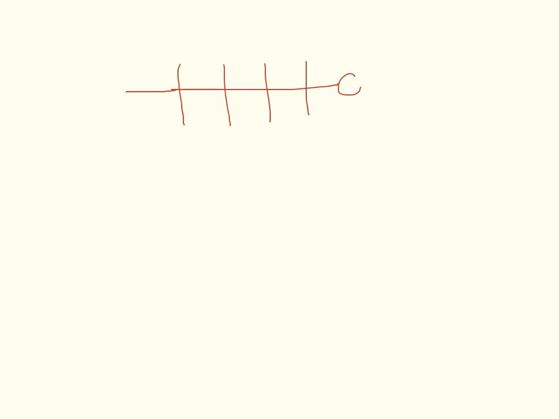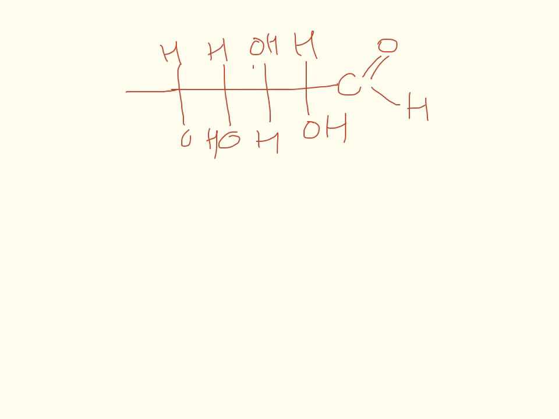Okay, so C double bond O, H, OH, H, OH, H, H, H, OH, OH, CH2OH. Okay, so there are totally 6 carbon atoms with 4 chiral carbons.